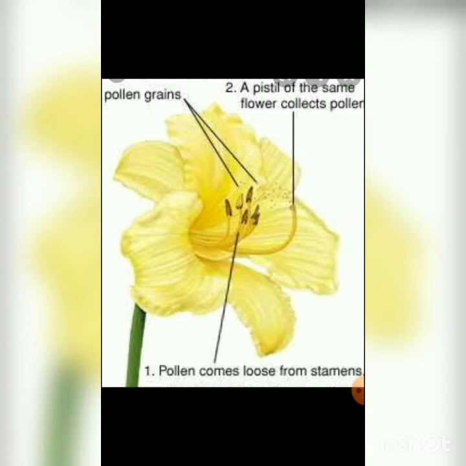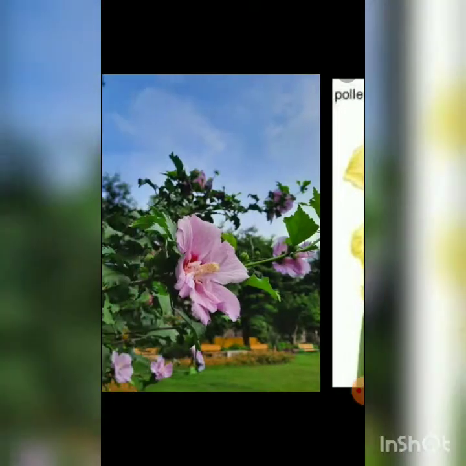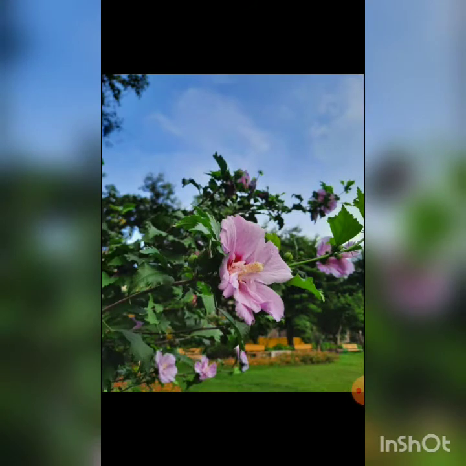Another bisexual flower: the pollen comes loose from the stamens and the pistil of the same flower collects that pollen. Another type of self-pollination is geitonogamy. Geiton means neighbor.